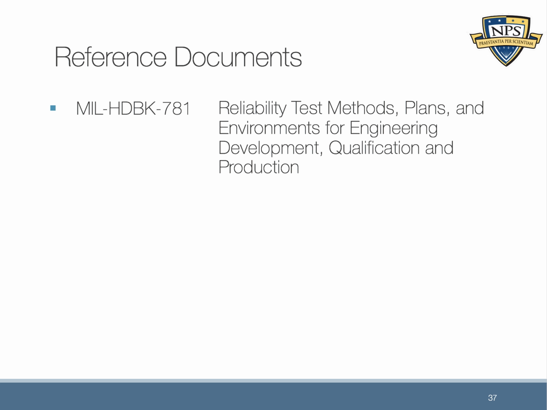I basically pulled everything related in some way or form or fashion to reliability testing. And I've thrown all those up on Sakai, so you guys have all those resources. I think they're valuable to have. But I'll point out that Mil Handbook 781 is the most predominant one and really the primary one that you guys would want to be using in general.